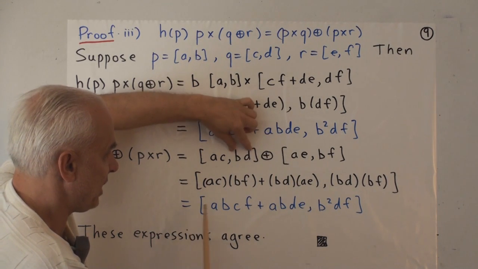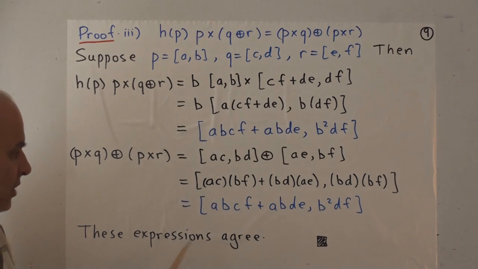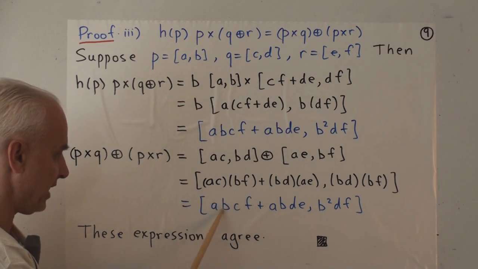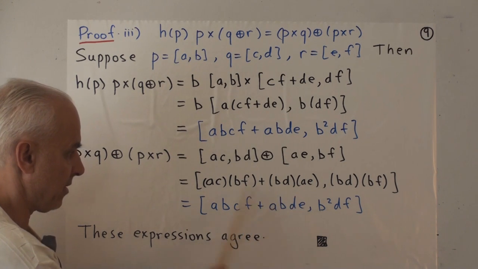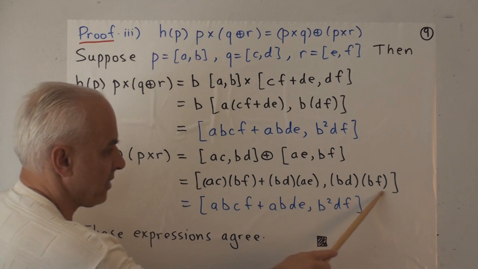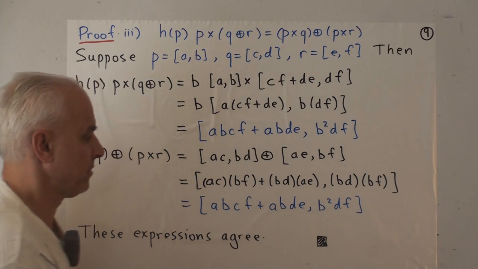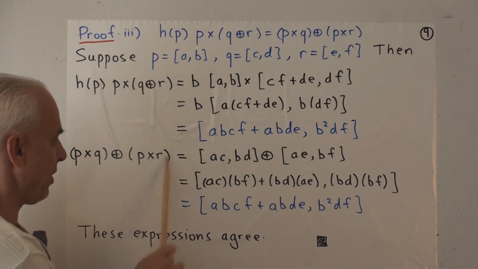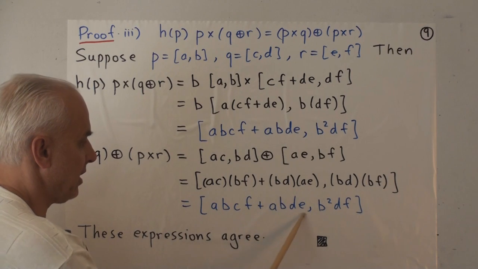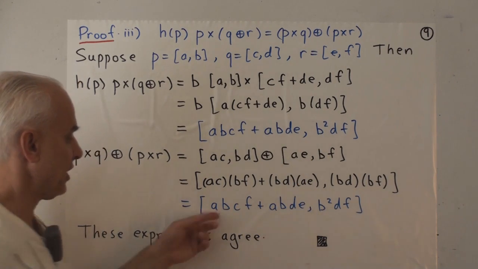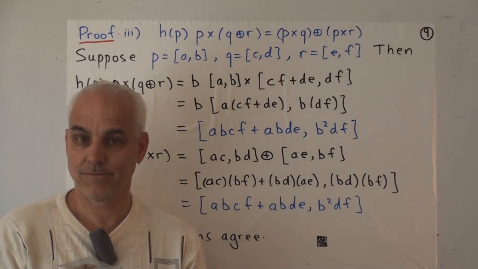And the second entry is BD times BF, right there. So the first term here is ABCF, and the next one is ABDE. And the second term over here we have B squared DF. And when we've written it that way, we see these two are exactly the same. ABCF, ABDE, B squared DF. So these two terms agree, and the distributive law holds.